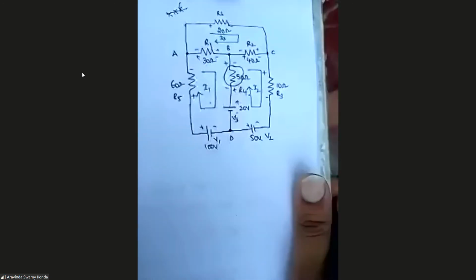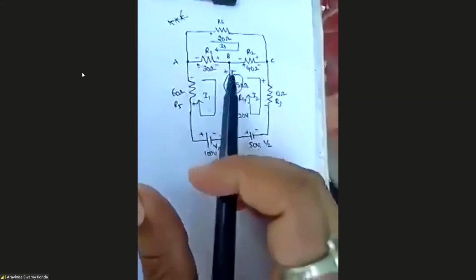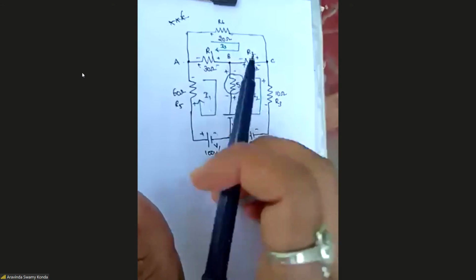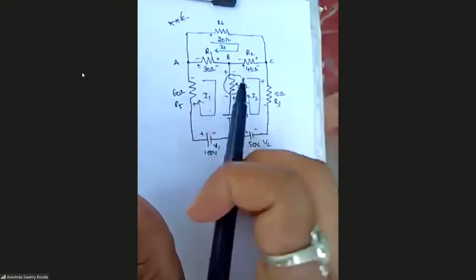So what is the current in R1? Minus I3? No. Combination element means you want to take the resultant current of those two meshes. Am I right? Is it right? So it is a combination element; you want to take the resultant current of the two meshes in which it is the combination element.